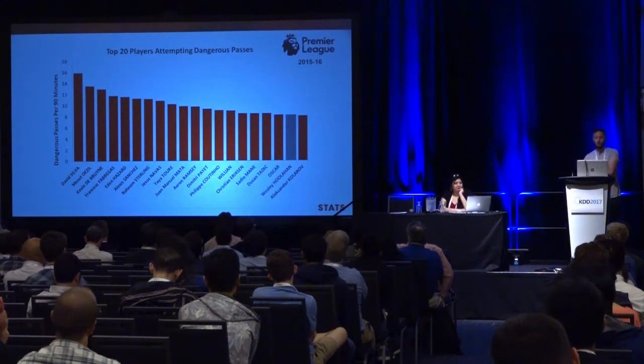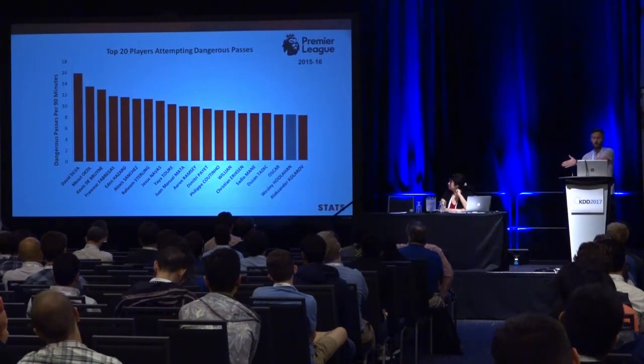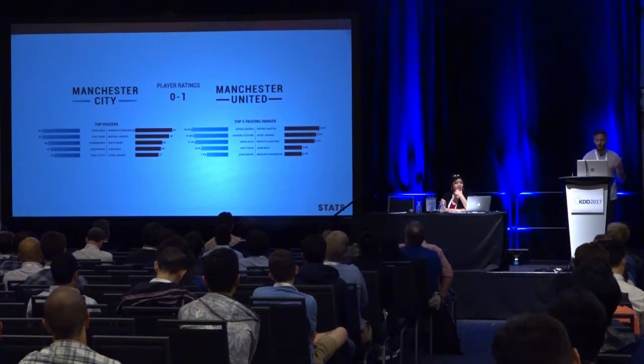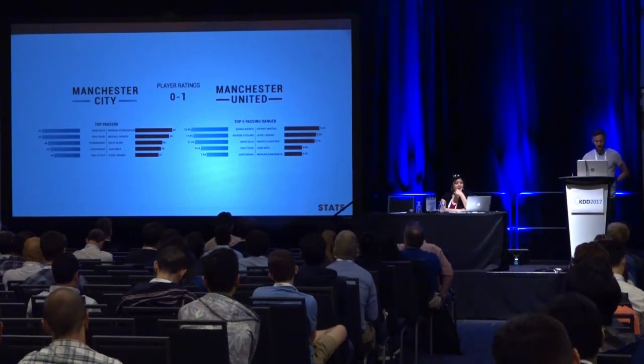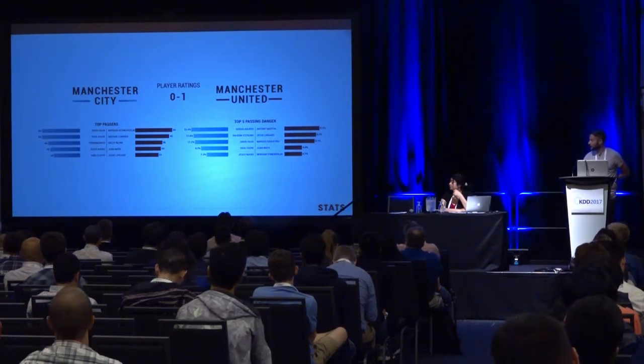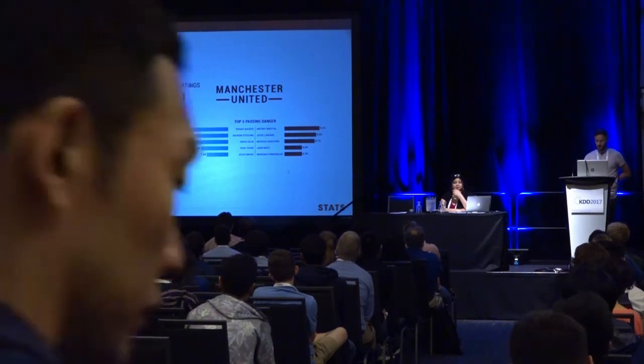So if I'm wanting to recruit a player, this is who I'm going to buy. He's going to be at a lower price, so can I go and get that player? The other thing we can then do is post-match. For example, in the media, on the left, this is a typical stat: who's made the most passes. But on the right, we can now say, who's actually made the most dangerous passes? This, as a fan, is what I want to know.